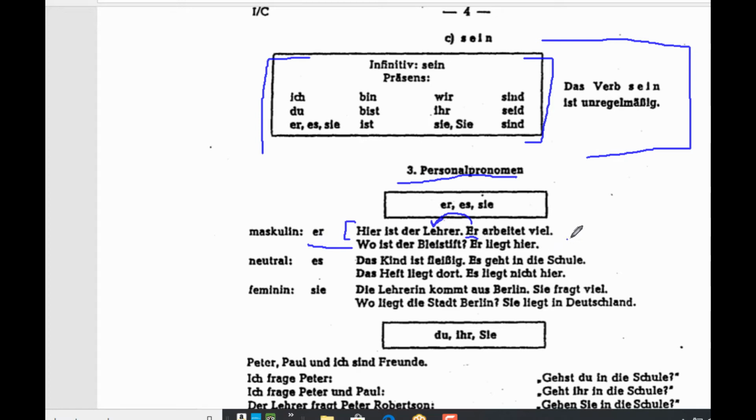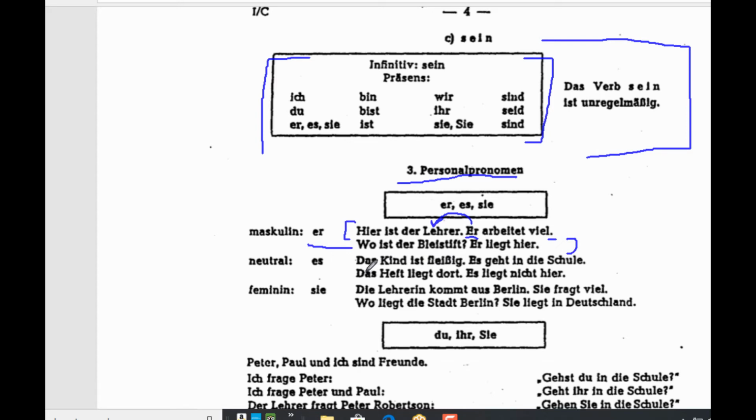And Germans, without knowledge of English much, would say, where is the pencil? He is lying here, which sounds really strange to our ears because we always say it for anything not personal, as an object. But they always have the agreement with the personal pronouns with its antecedent. So where's the pencil? It is lying here is our translation.